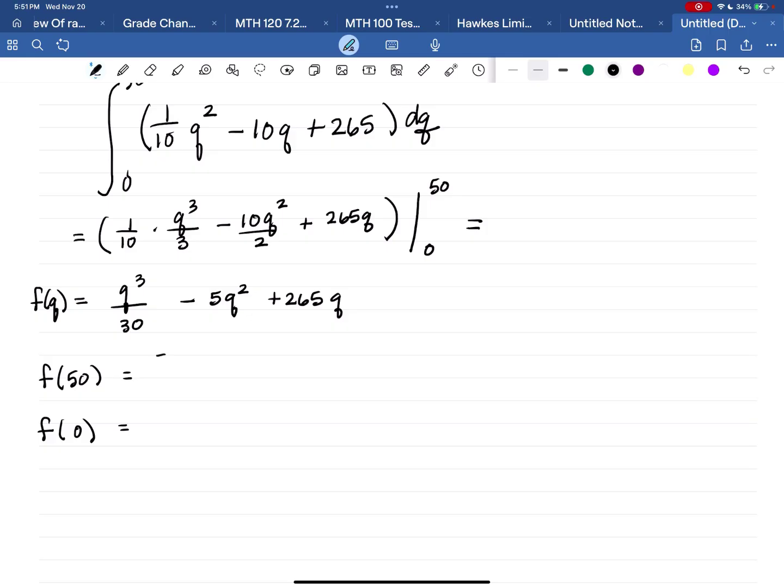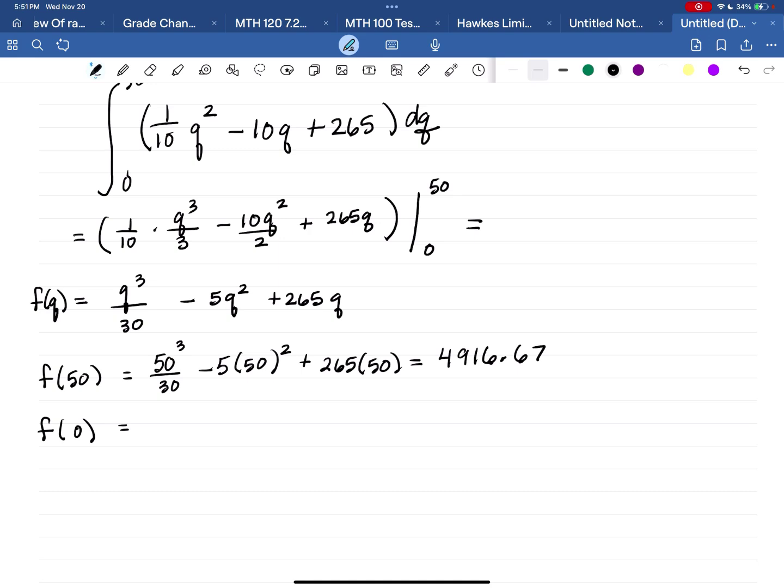So F of 50 is 50 cubed over 30 minus 5 times 50 squared plus 265 times 50. So I'm just going to do that on the calculator. 50 to the 3rd divided by 30 minus 5 times 50 squared plus 265 times 50. I'm entering it just like you see it there. And that's 4916.67. Okay?